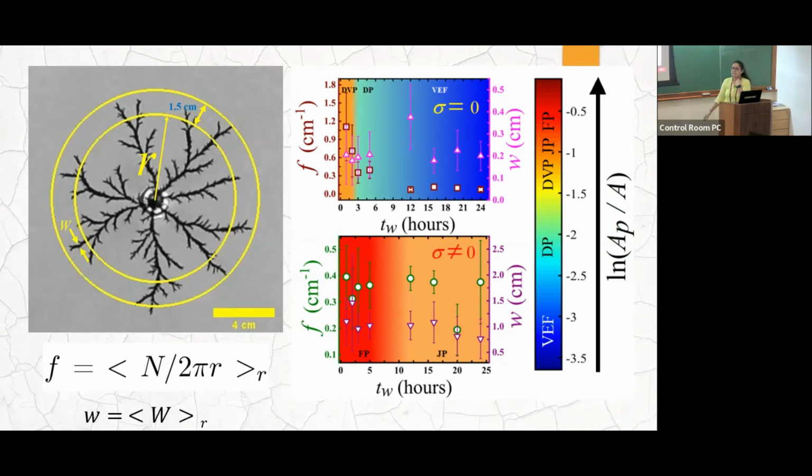The branch frequency is decreasing with the transition from DVP to VEF. Though their widths do not change very much. But the width of immiscible displacements, the bottom one, is always greater than their miscible counterparts. That's what we have observed, right? The immiscible displacements have thicker protrusions as compared to their miscible counterparts.